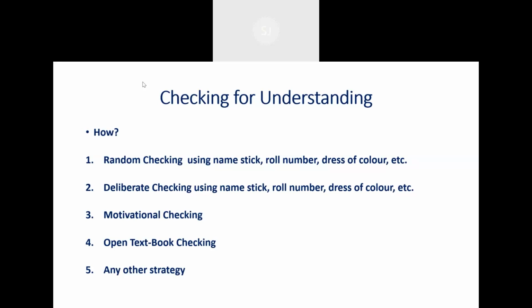Who does not need motivation? One important strategy we can mention in our lesson plan is motivation checking. That is giving certain appreciation in different forms, so that the students are not only interested to come to the class, but are also trying to understand because they are getting motivation.